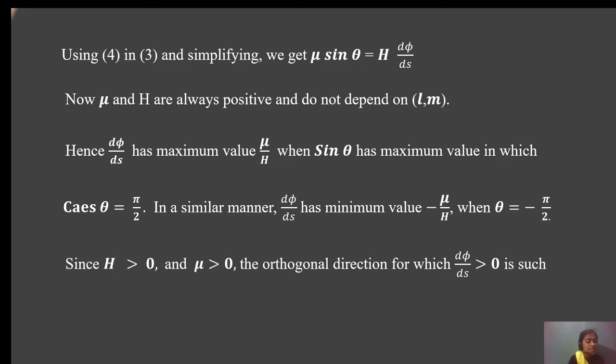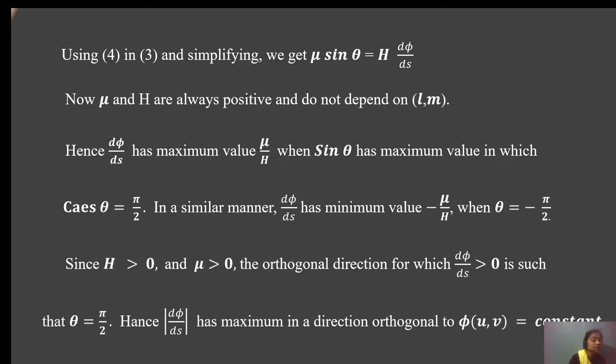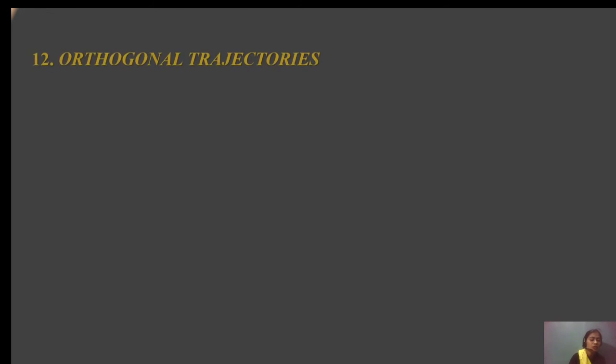Since H is greater than 0 and mu is also greater than 0, in the orthogonal direction d phi upon ds is also greater than 0. In such cases theta equals pi by 2, that is 90 degrees. Hence mod of d phi upon ds has a maximum in the direction orthogonal to phi(u,v) equals constant.